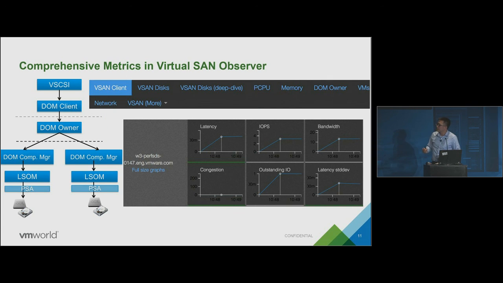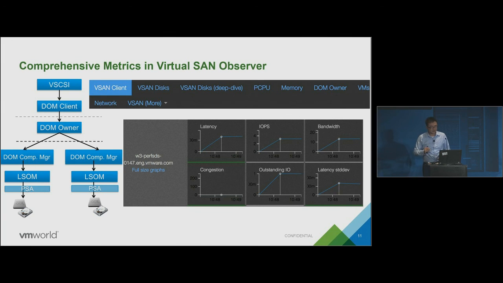Now let's look into each one of them. For the DOM client layer, DOM owner layer, and the DOM component manager layer, virtual SAN observer will show you 6 key performance statistics for each host. Those performance data are the latency, IOPs, bandwidth, congestion, outstanding I/O, and the latency standard deviation.